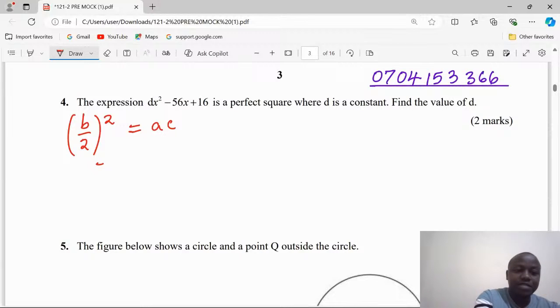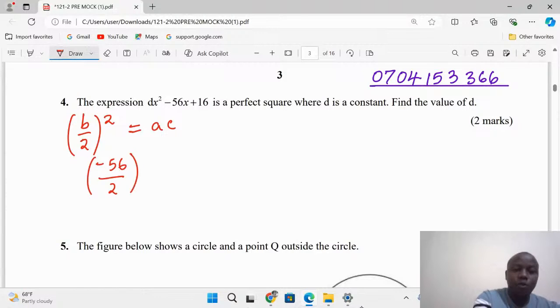So we need to take negative 56, we divide by 2. Then when this is squared, it should give us the value which is unknown, that's our D, multiplied by C, which is 16.